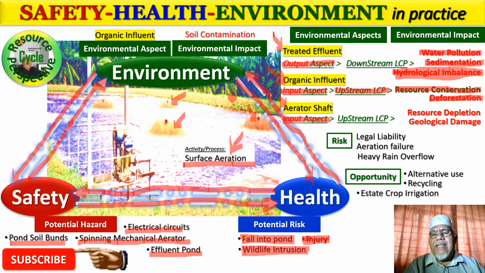And what is its environmental impact? Of course, since it is an input aspect, we have got to look upstream from the life cycle perspective. Where does it come from? The shaft is made from metal, and metals come from a metal fabricator, from the smelting of metal ingots.